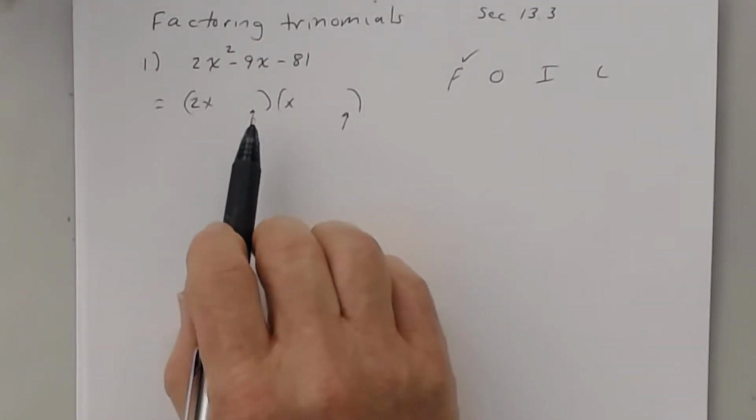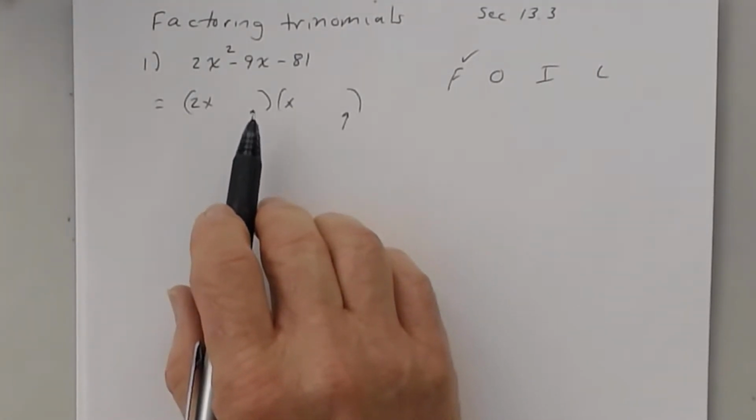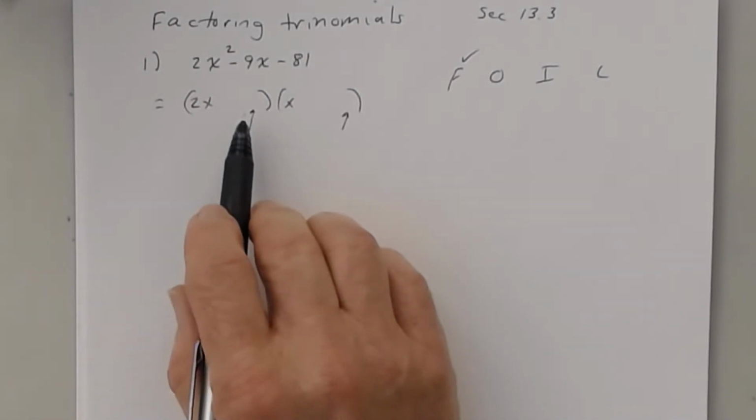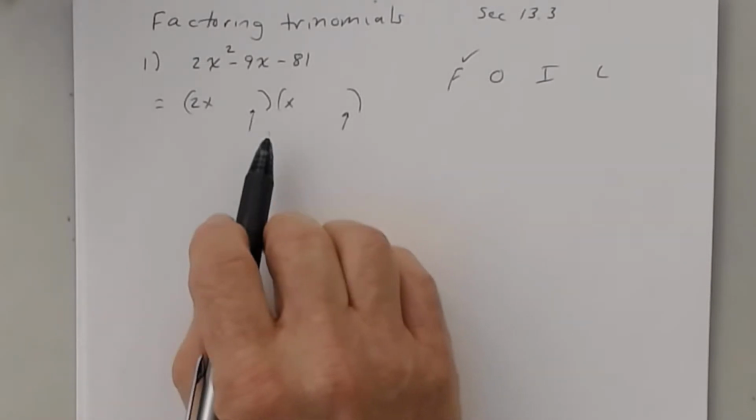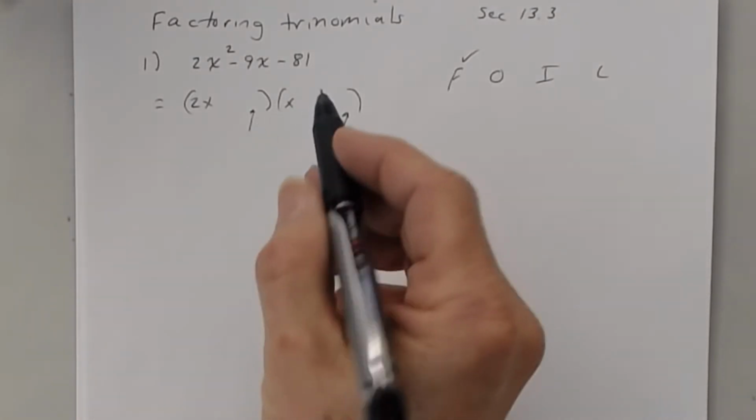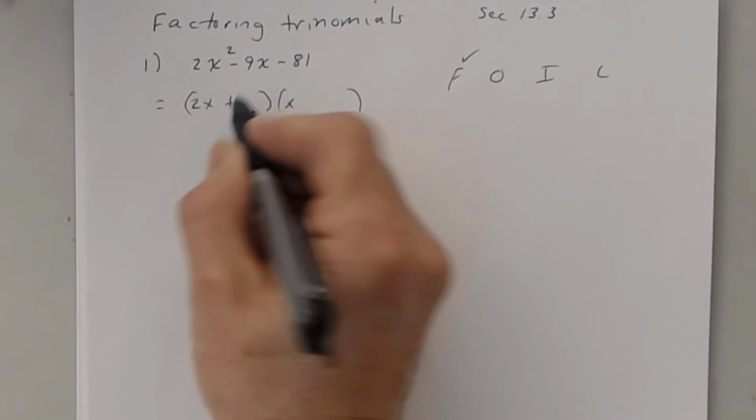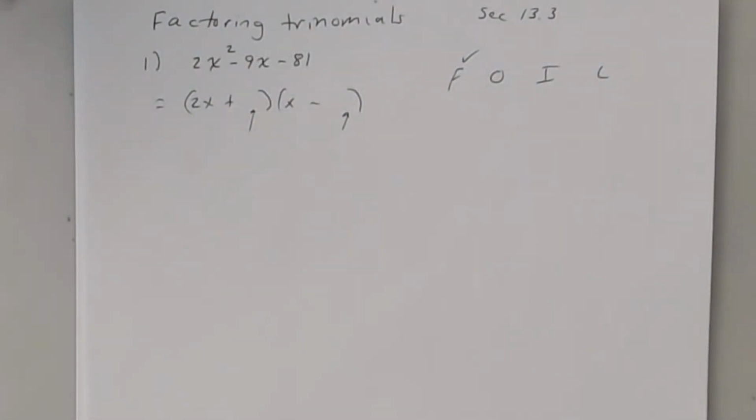At some point, you'll be able to very easily determine which one needs to be positive, which one needs to be negative. Sometimes you won't, depending on the numbers involved. So let's say I'm going to put a plus or minus. Okay? Put something. You're going to check. If it doesn't work, you try something else.